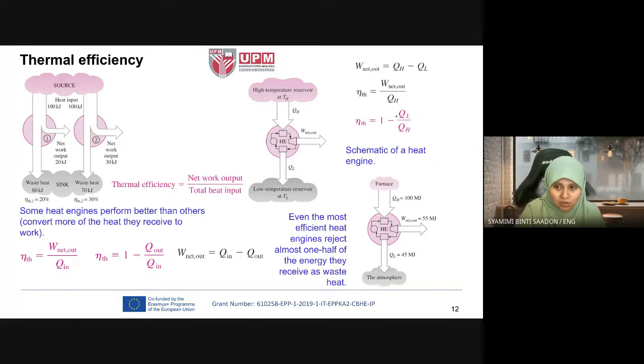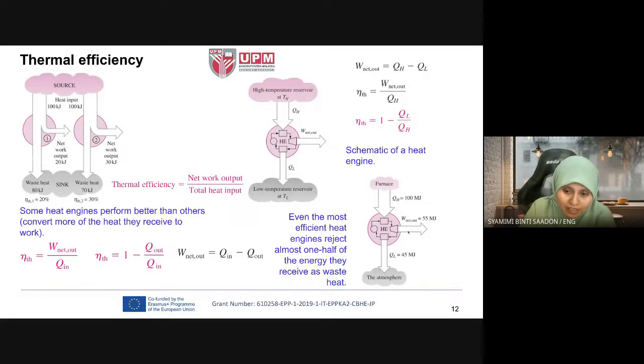So we can also write it this way, the same equation. Even the most efficient heat engines reject almost 1/2 of the energy they receive as waste heat. So 1/2 means 50%, or around 45. Only 55 megajoule is produced as output. Another 45 is rejected to the atmosphere.